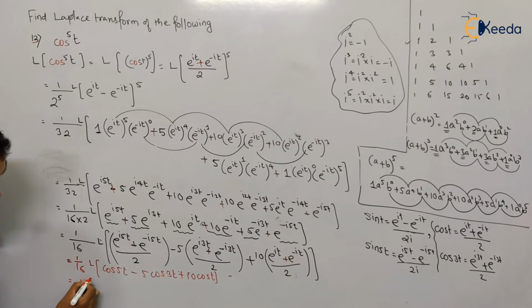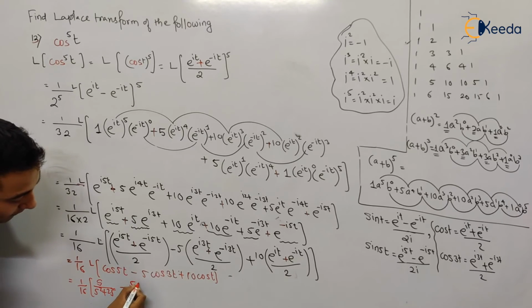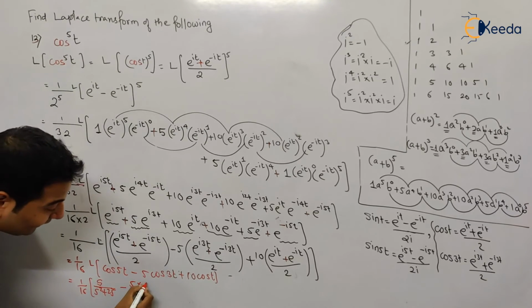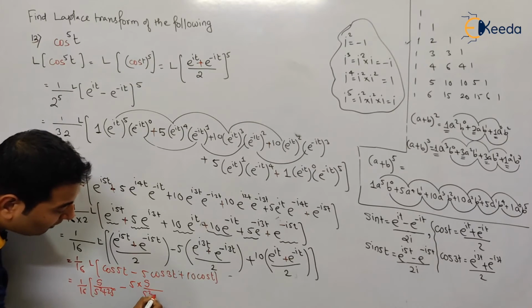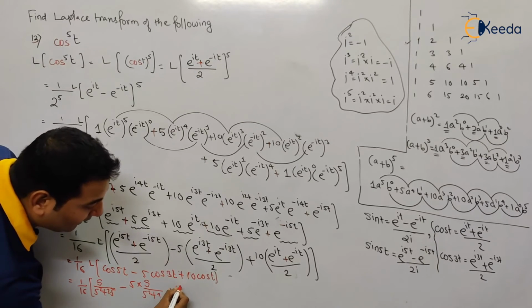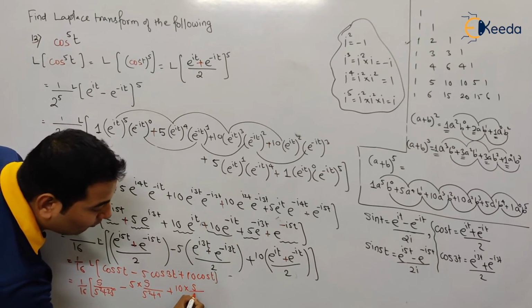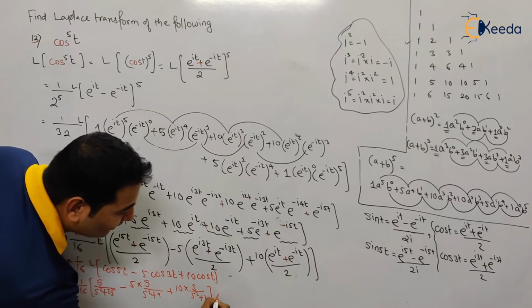This is 1 upon 16 Laplace of cos 5t is s upon s square plus 25 minus 5 into cos 3t is s upon s square plus 9 plus 10 cos t is s upon s square plus 1. So this is the required solution.